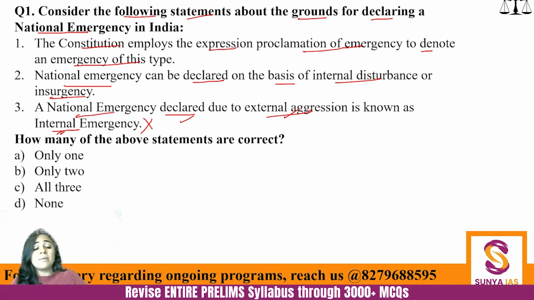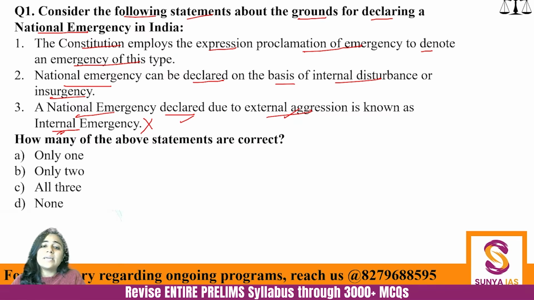So the third statement becomes incorrect. And don't think that UPSC will not give you ridiculous statements. Just because that statement is mentioned in the UPSC paper, we tend to think this might be true. But UPSC many times has given absolutely ridiculous statements because they want to test your patience in the examination.